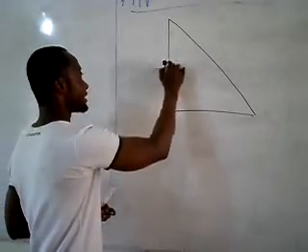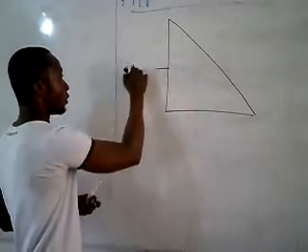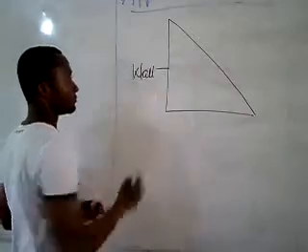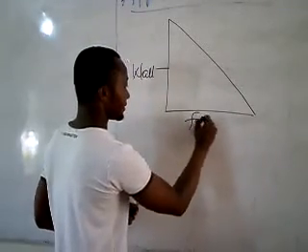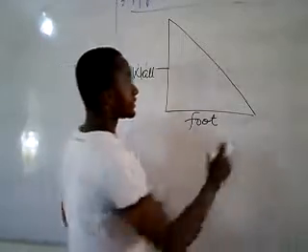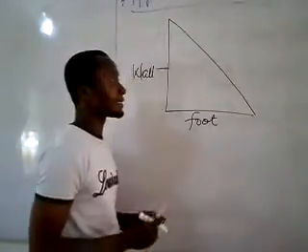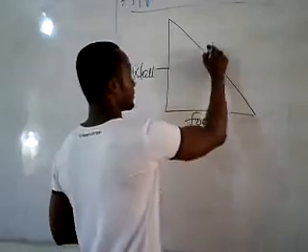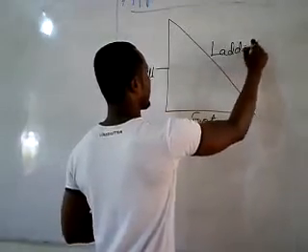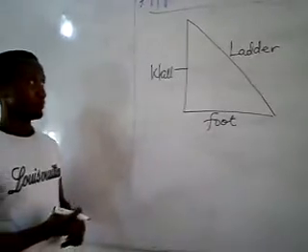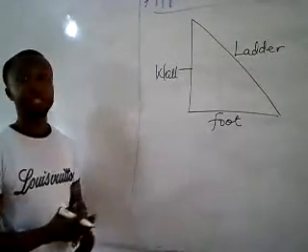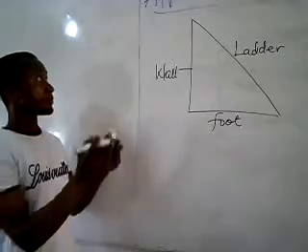I will name this side as the wall, then the base as the foot, then the slanted side as the ladder. The ladder leans against a wall. So this is a typical application of trigonometry.